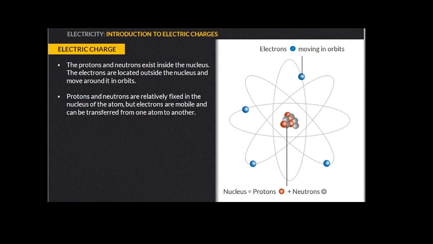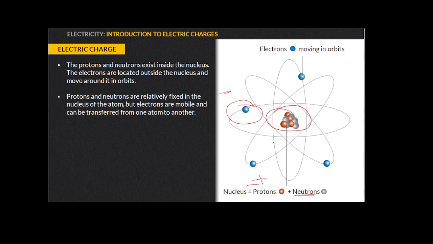Inside the nucleus, the proton and the neutron exist, and around the nucleus electrons revolve in their orbits. Orbits are nothing but the path that electrons follow to move. These are the electrons that are negatively charged.